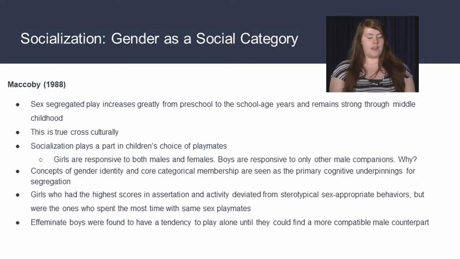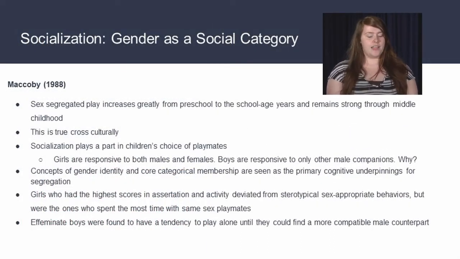In 1988, Maccoby identified that sex-segregated play in children increases greatly from preschool to school-age years and remains strong through middle childhood. And this is true cross-culturally. Socialization plays a part in the children's choice of playmates. Girls are responsive to both males and females, while boys are responsive to only other male companions.